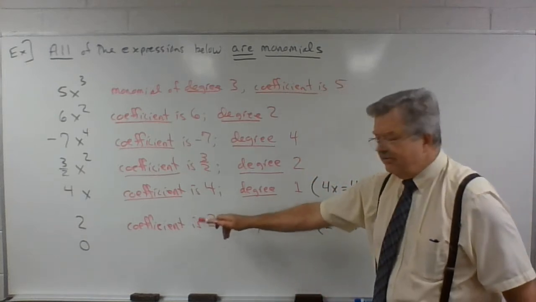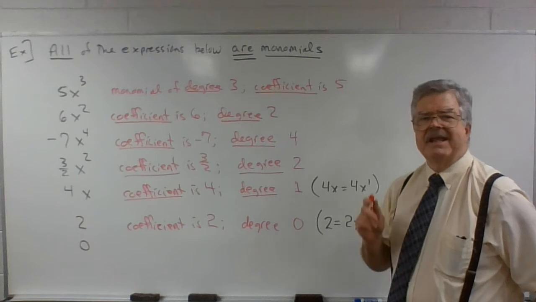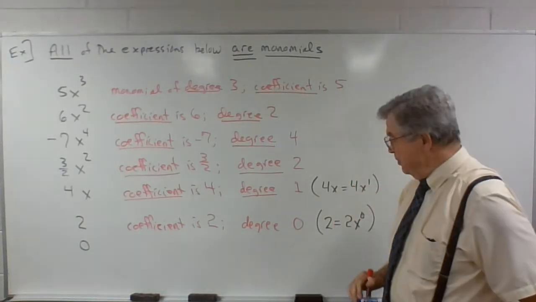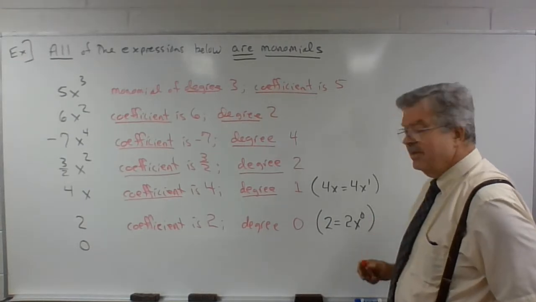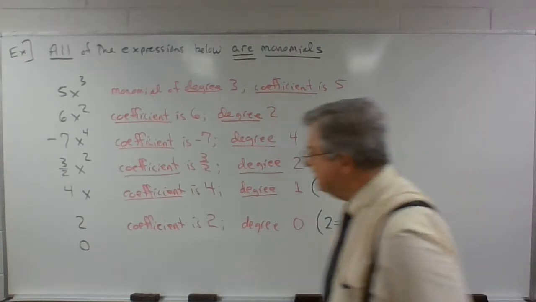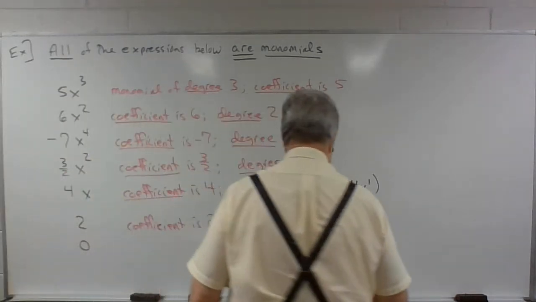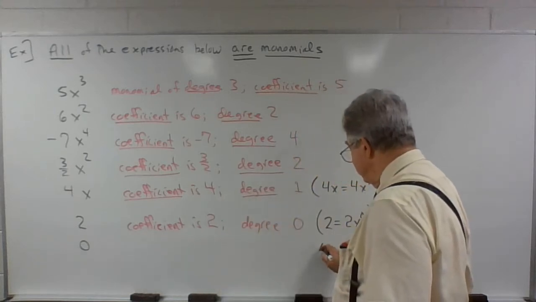So what this example tells us is that any constant, any real number constant, is a monomial of degree 0, including this constant, 0.